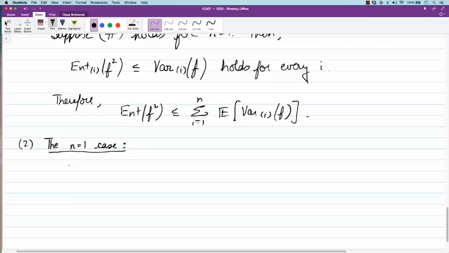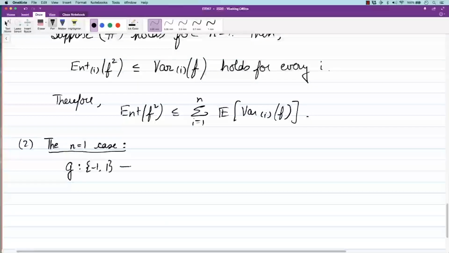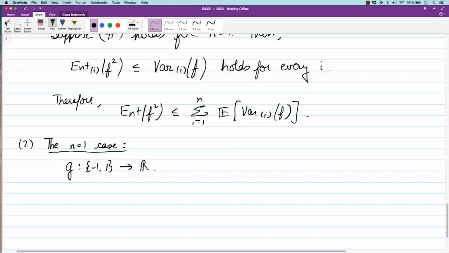the entropy of g square, so think of just a function of a single bit now. Let g be a function from {-1, 1} to R. We can just say that g of -1 equals a, g of +1 equals b.